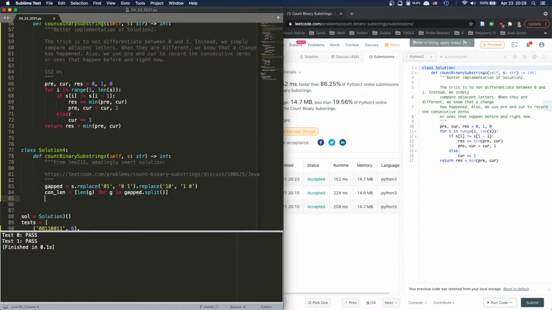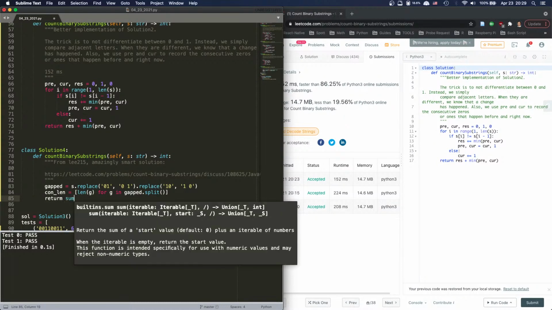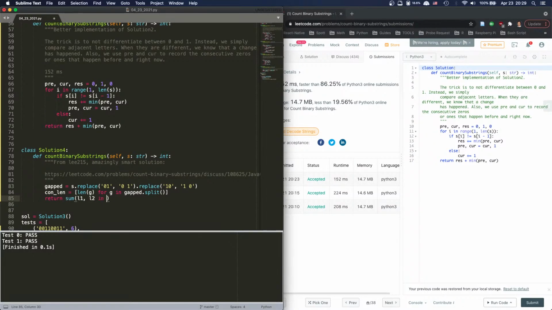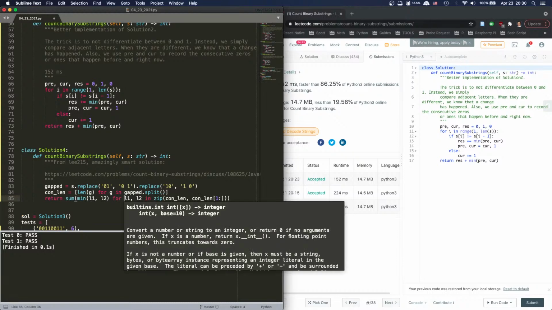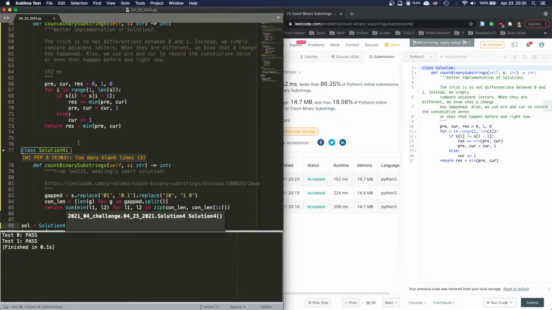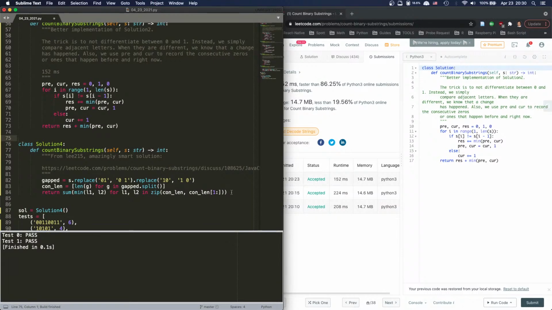Return sum for L1, L2 in zip consecutive length and consecutive length 1, right? So we zip it and min L1, L2. And then there's going to be solution 4. Marvelous, just marvelous.